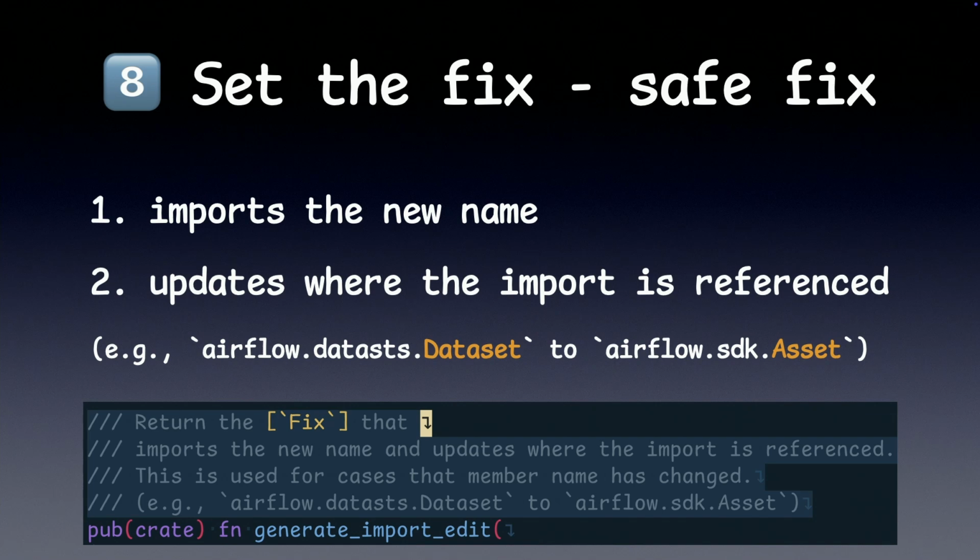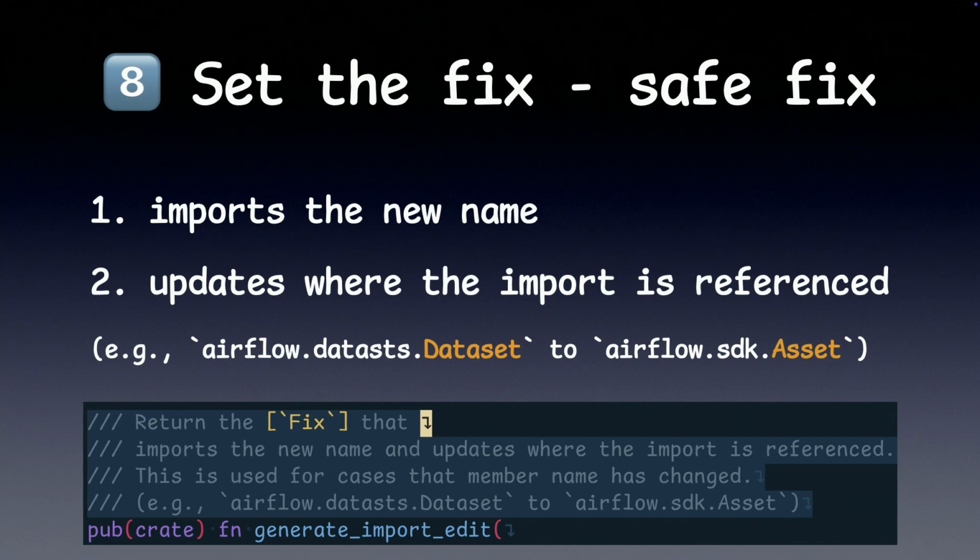If the name itself is renamed, like dataset to asset, or PythonOperator renamed to something else, it's perfectly fine to use the safe fix. This safe fix imports a new name, so your Python module will have a new import, from airflow.sdk import asset, and it will change the original dataset usages to asset. That's the second step. The original import will just be left there, and another Ruff rule will take care of that, so it won't change anything.